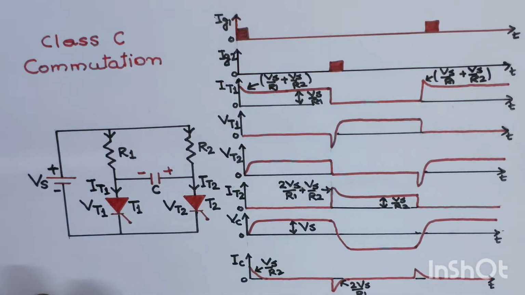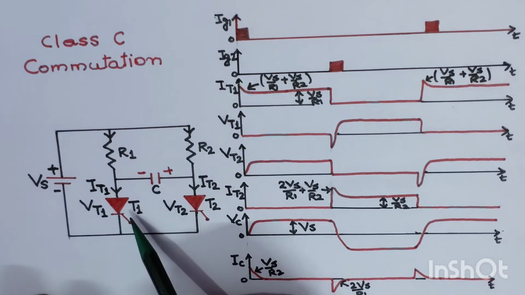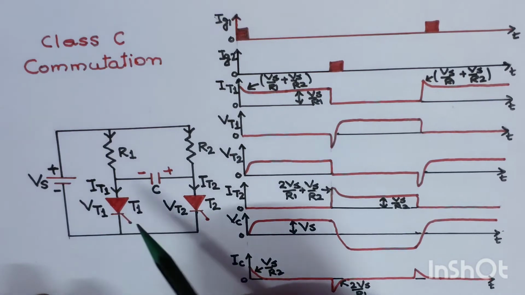As we know, there are only two modes to switch off a thyristor: either we apply a reverse bias across the thyristor T1, or we reduce the holding current below a minimum value so that thyristor T1 is switched off.